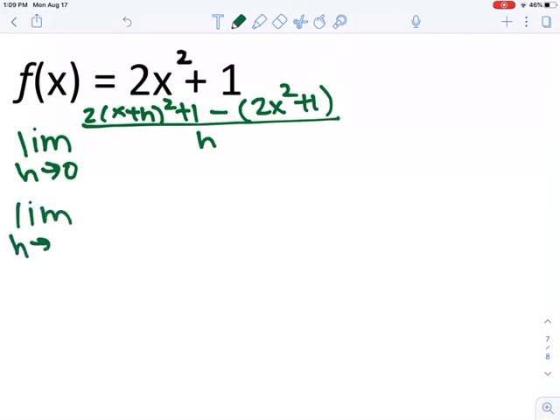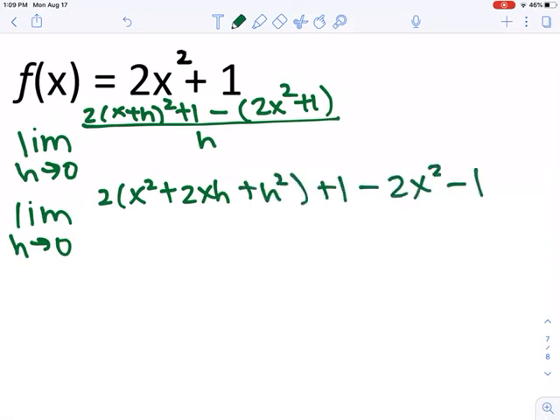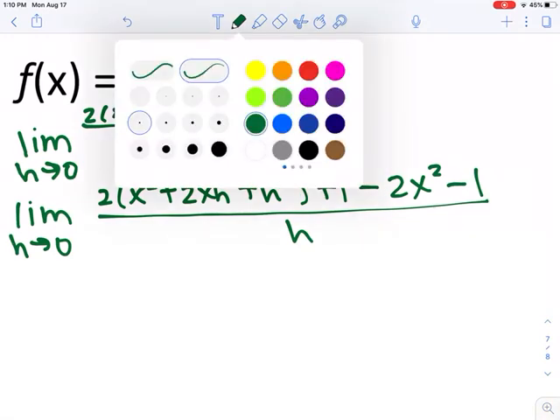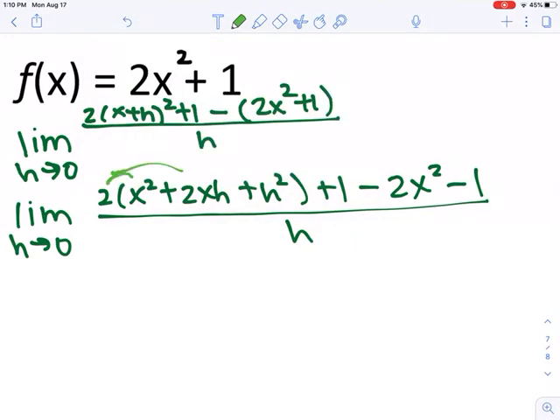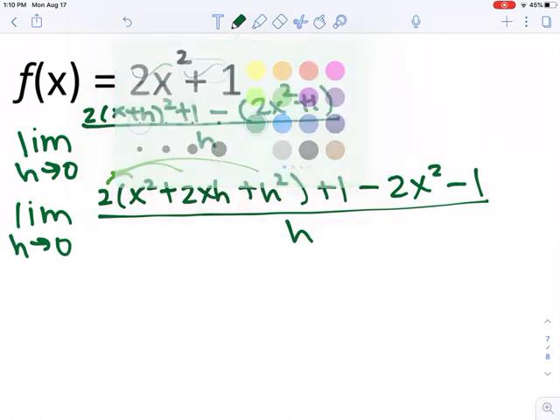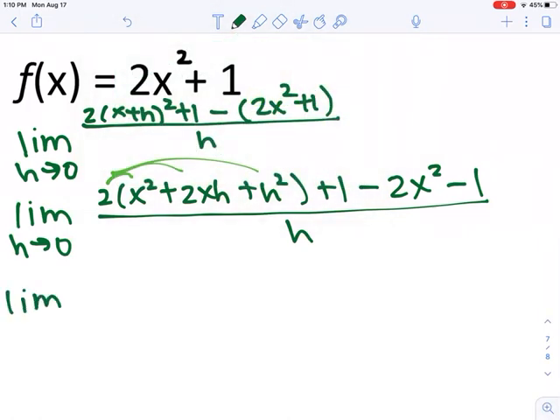We haven't evaluated the limit, which means I'm going to keep writing it no matter how annoying it is. So I'm going to go ahead and take x plus h, the quantity squared, and I'm going to take that subtraction through. And now I'm going to go ahead and take that 2 through.